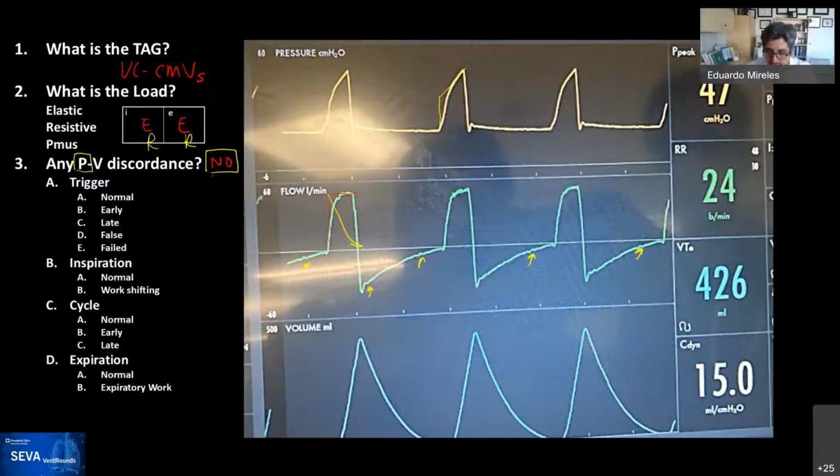Very good. Would a small ET tube represent this kind of scenario too, for the resistive inspiration and expiration? Absolutely. So the etiology is here, and I can tell you a little bit more about the background of this patient. This patient only had an elastic component, and then suddenly the resistive component went up.